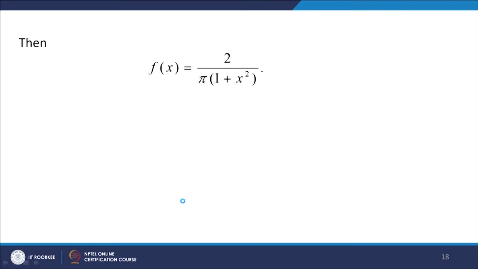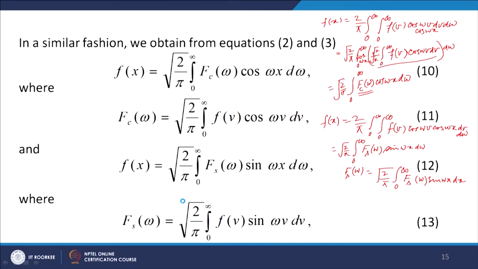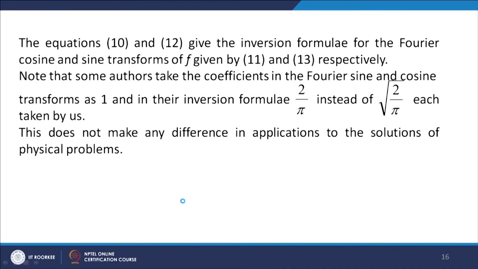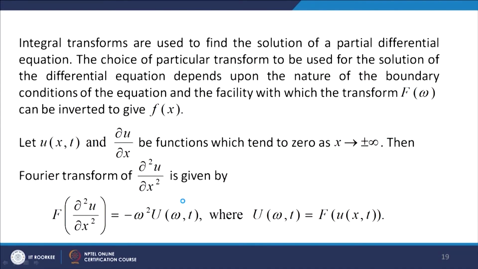Let us go to the definition of the Fourier transform. The Fourier transform is defined as 1 over root 2 pi, integral from minus infinity to infinity of f(v) e to the power minus i omega v dv. So let us use this definition. Okay.